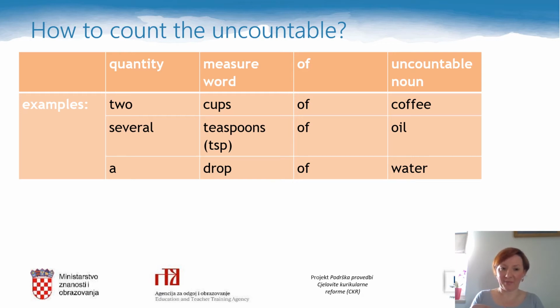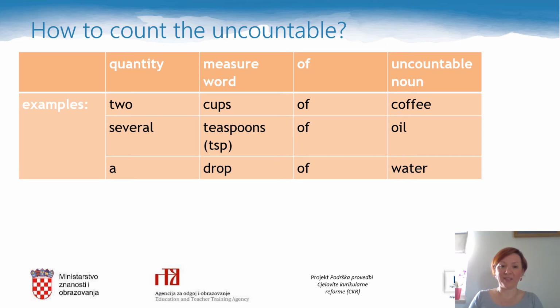Here are the examples. You use a quantity like two or several or a. Then you use a measure word like cups or teaspoons. You see the abbreviation for teaspoons, TSP, or a drop of something. Then you need of and the uncountable noun.